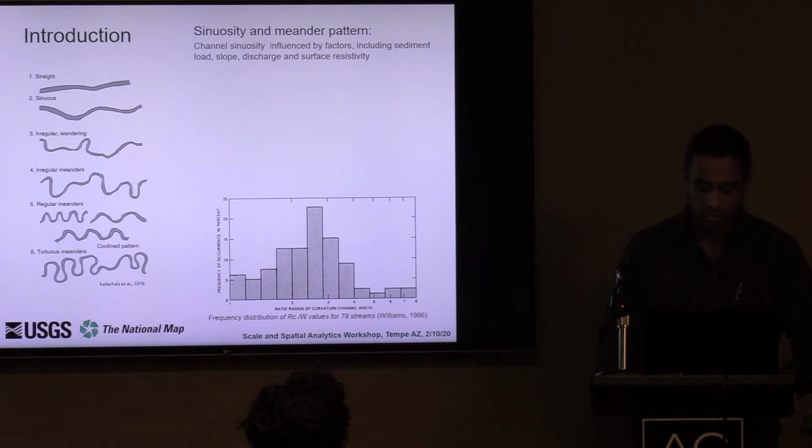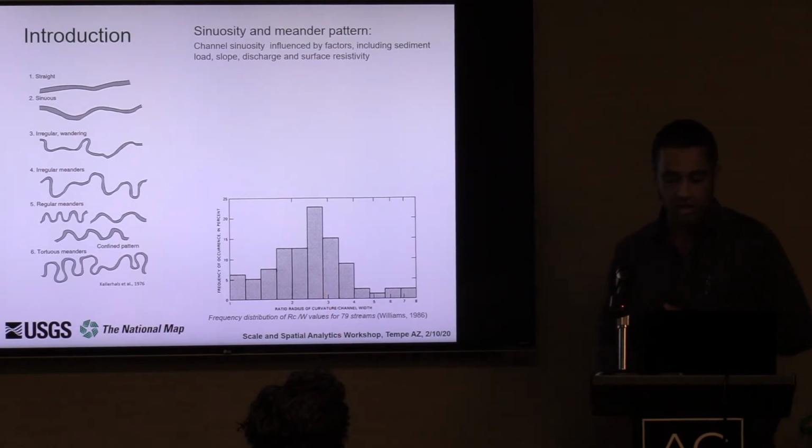Determining meander geometry has been discussed for decades, including the correlation with channel width. Williams, for instance, looked at streams with sinuosity greater than 1.2 and only in alluvium material. And so there's clearly a trend, you know, in the 2.5 times the channel width as a ratio for meander geometry.